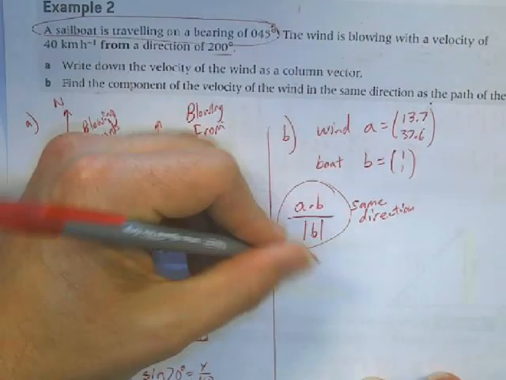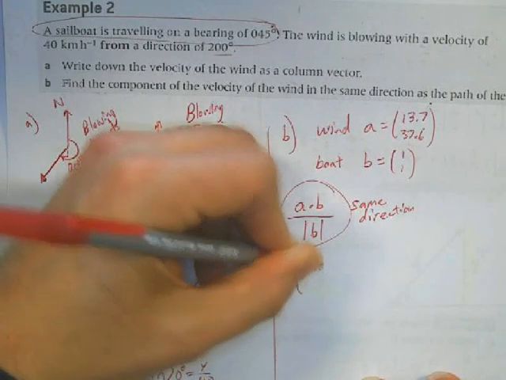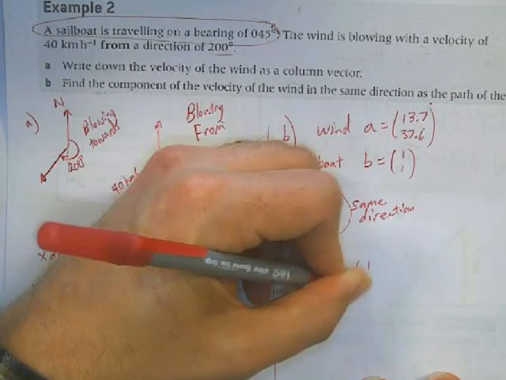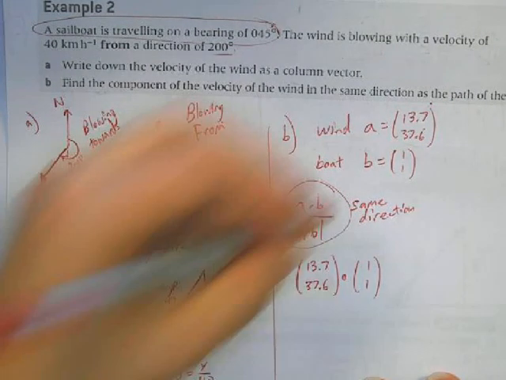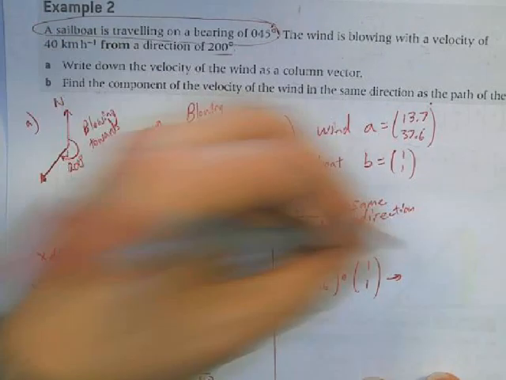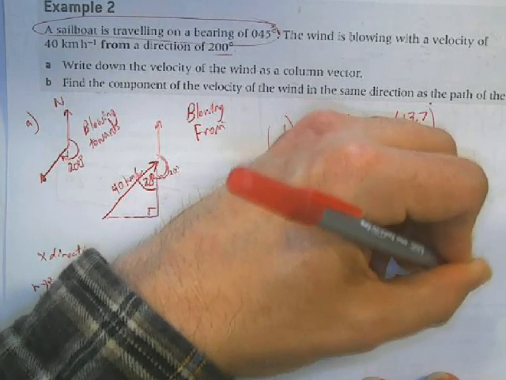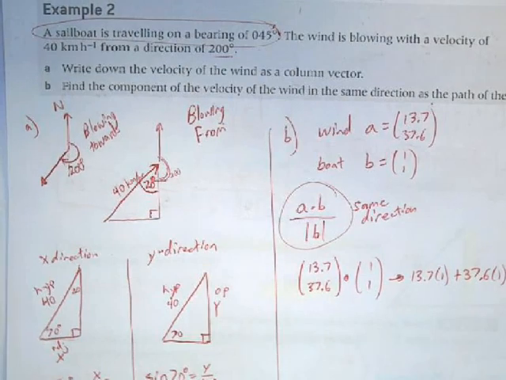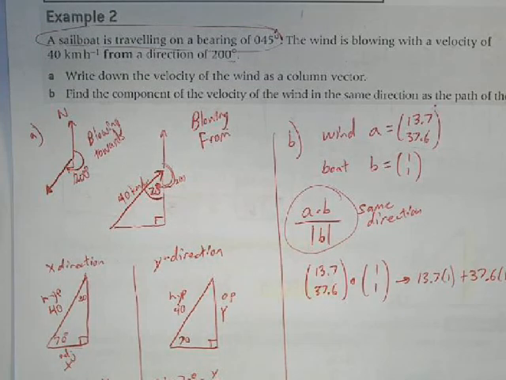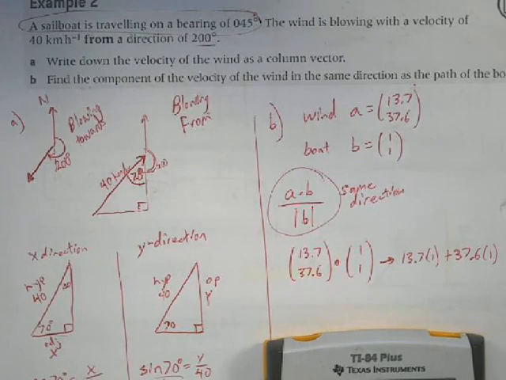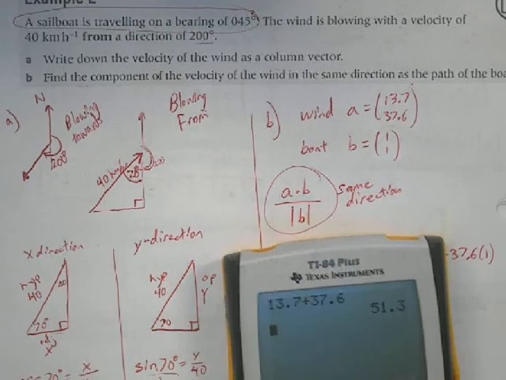So 13.7 over 37.6 dot 1, 1. So that gives me 13.7 times 1 plus 37.6 times 1. And that should give me 51.3.